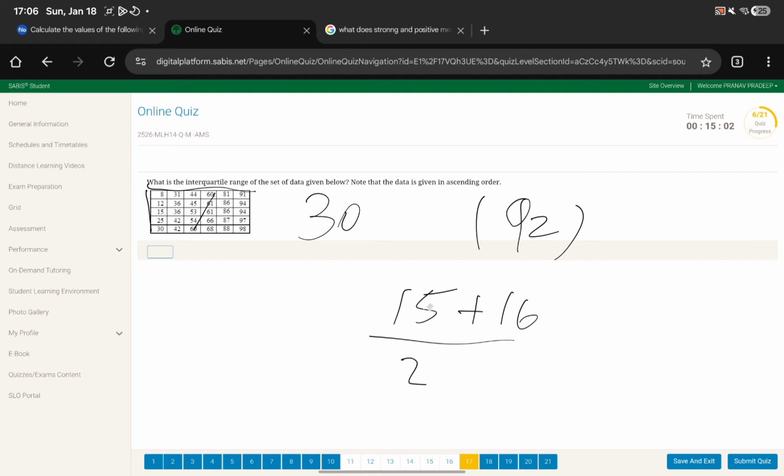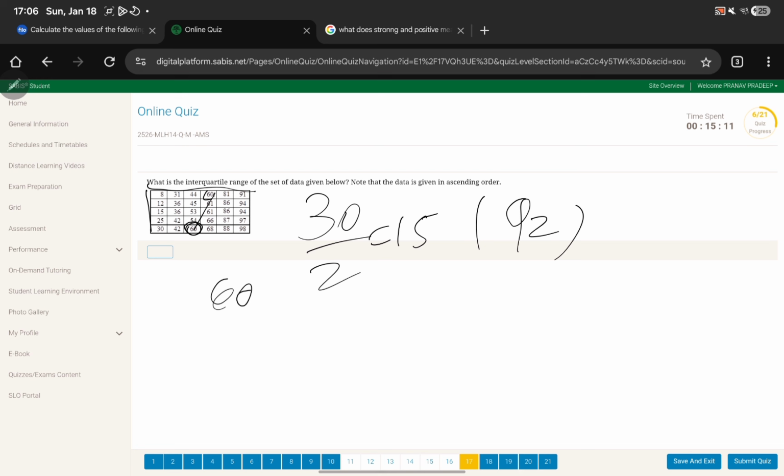Okay, wait. You take half of 30, which is 15. And then you go to the 15th value, which is 60. And then you go to the 16th value, which is also 60. And then you add them up. And then you divide it by 2. So that gives you 60 again. So we know that 60 is Q2.